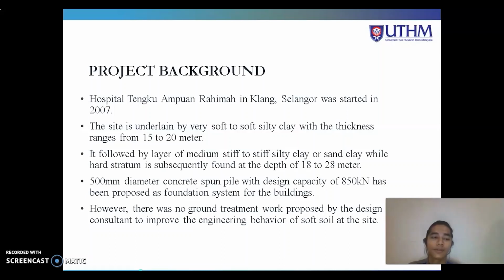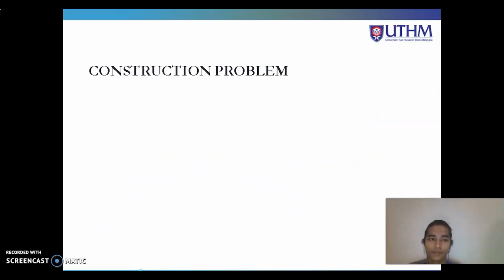The 500 mm diameter concrete spun pile with design capacity of 850 kN has been proposed as foundation system for the building. However, there was no ground treatment work proposed by the design consultant to improve the engineering behavior of soft soil at the site.